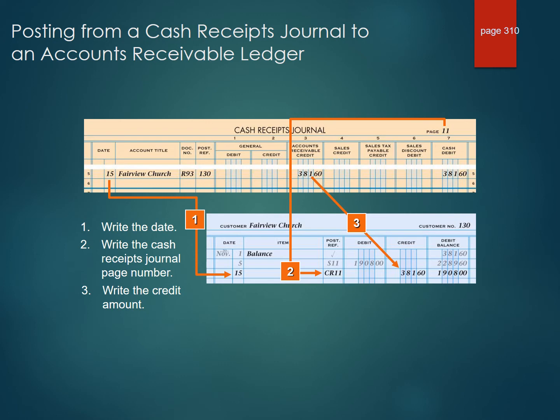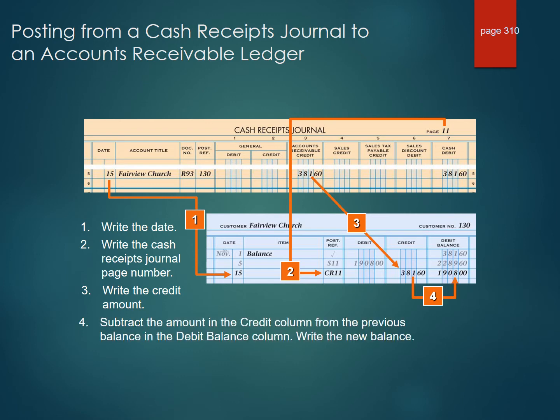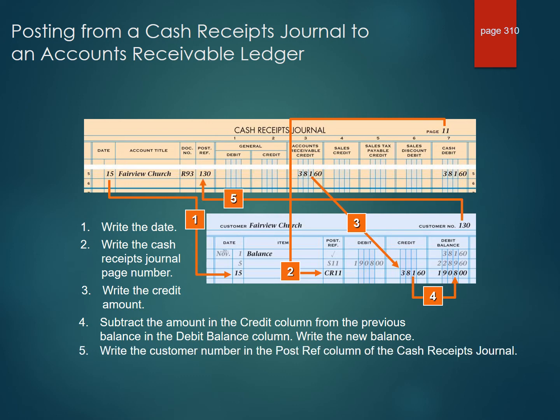And then we will determine our new debit balance by subtracting our credit from our previous debit balance. The last step is to go back to our cash receipts journal, and in the post reference column, we will record the customer number. This shows that we have posted individually to our customer account.